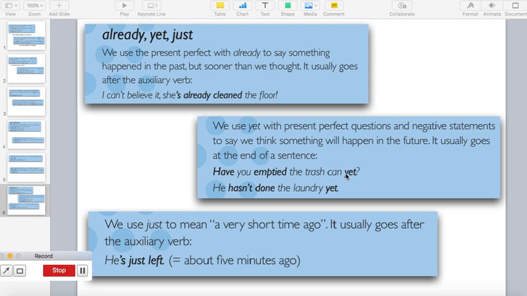Pero ya lo hiciste. That's the idea. And, sorry, this is important, just is for something that happened a very short time ago. Just memorize these 3 definitions: already with positive, yet with questions and negative, and just, which is so general, after the word have.